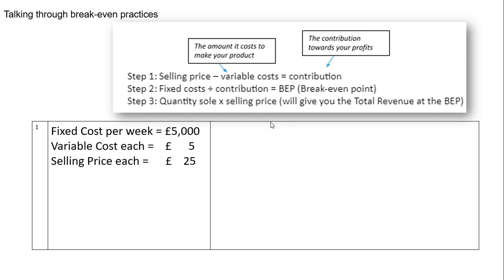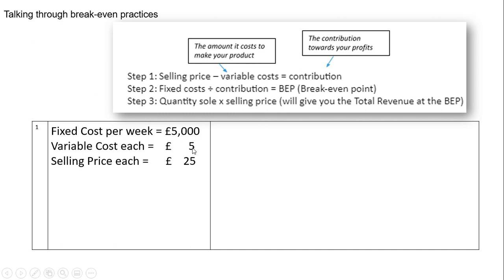So the first task says we've got fixed costs of £5,000 a week, variable costs of £5, and a selling price of £25 for our particular product. Fixed costs can be the rent of your property and machinery and all that sort of thing. Your variable costs are what it costs you to make the product.